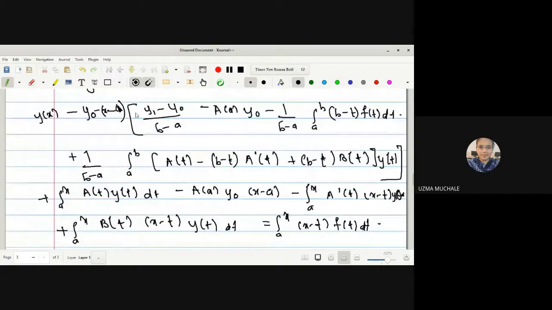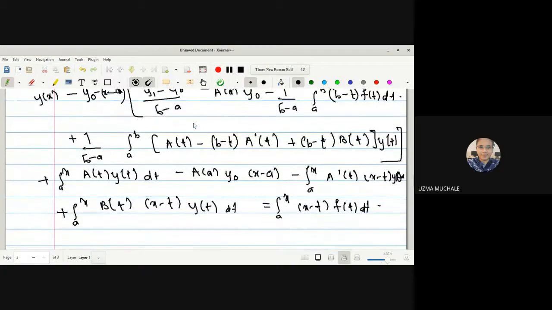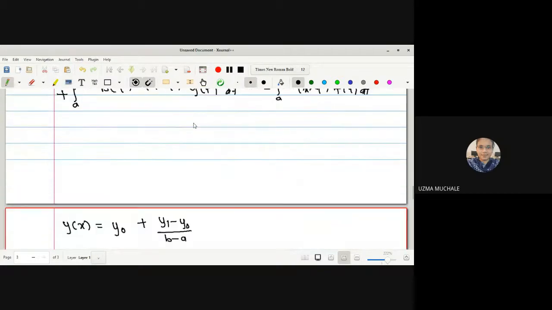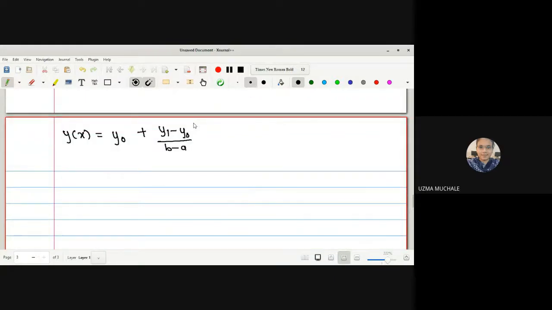This x minus a we have to multiply inside so that we can cancel out some terms. So into x minus a of A of a. Let me cancel first. Minus, this is y naught into x minus a. Okay, what is the next term?